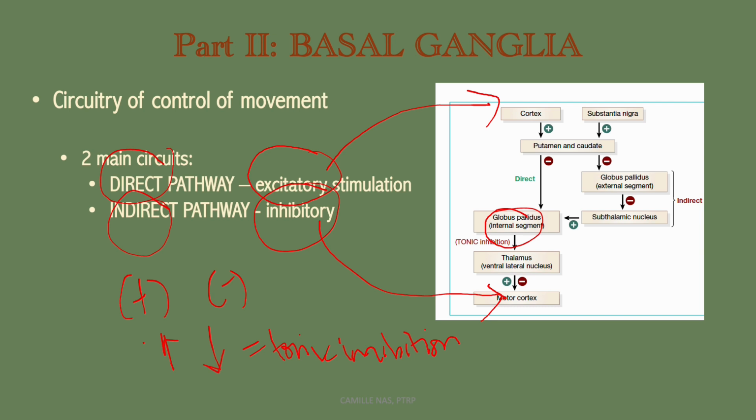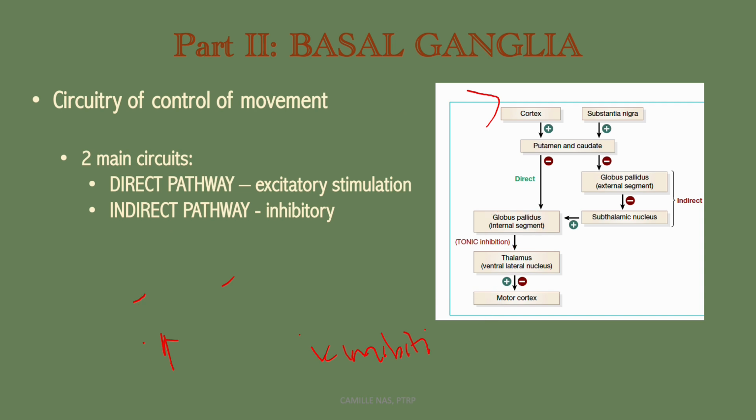That is because of these two pathways. There is an excitatory and inhibitory stimulation going on in one action, to produce one action smoothly. So later on, we will discuss further yung direct pathway and indirect pathway. But what I want you to remember first before we proceed are the functions of each of these that are contributing to this circuit of movement.